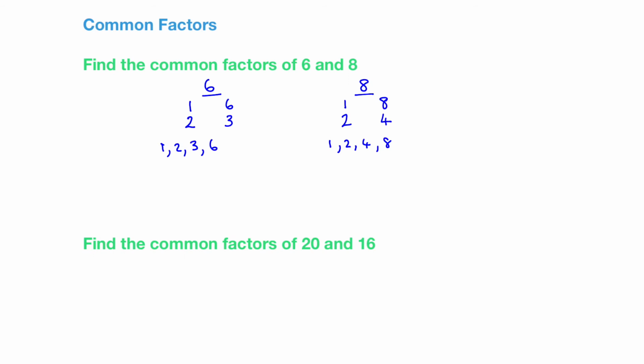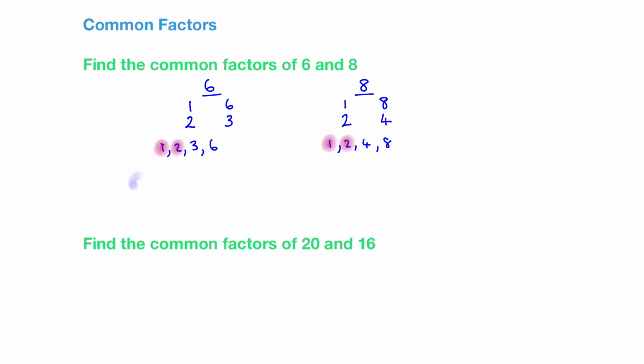So now, if we have a look at our lists of factors, we can look and see which ones are in both lists. We can see we've got 1 in both lists, we've got 2 in both lists, 3 and 6 are not in the list of the factors of 8, so 1 and 2 are the common factors.